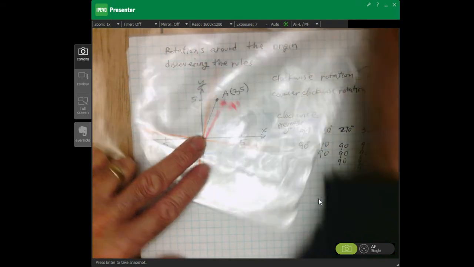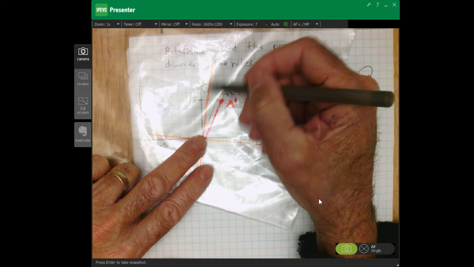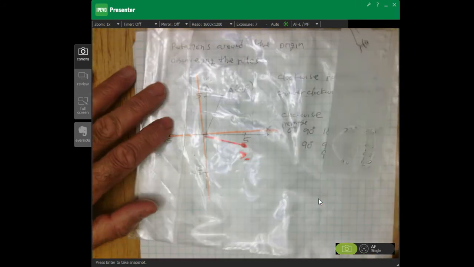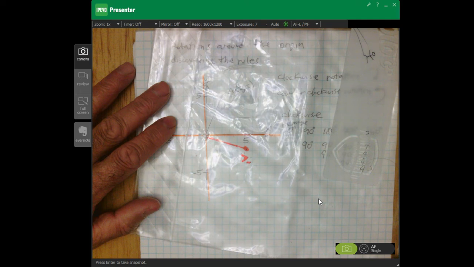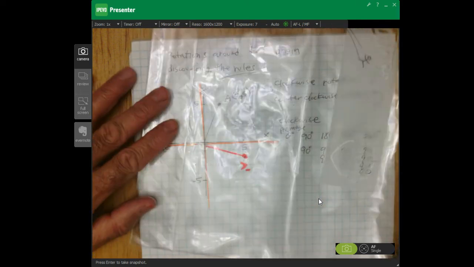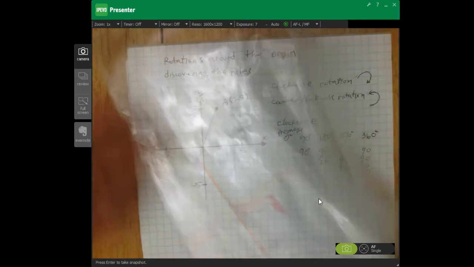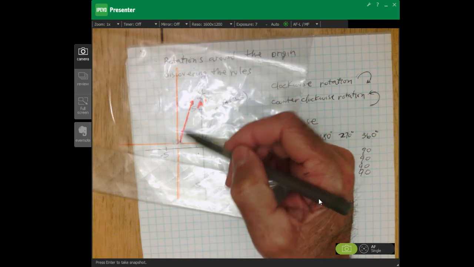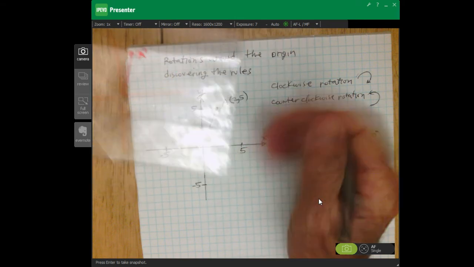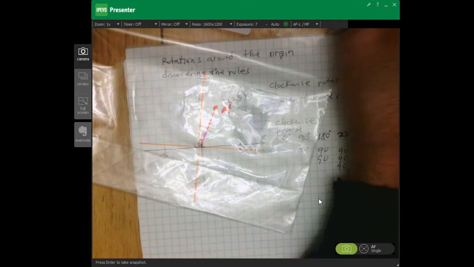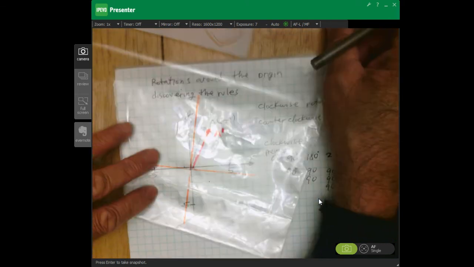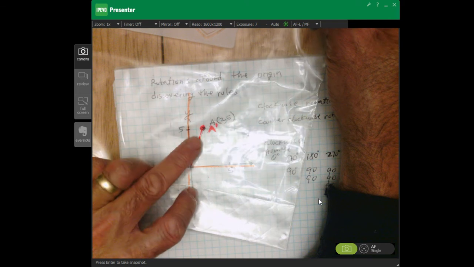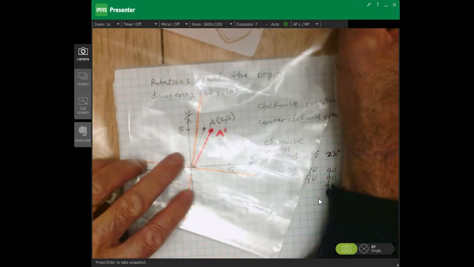When this line right here lines up perfectly with this one, I'll know I've rotated it 90 degrees. The other way you'll be able to tell is I drew a line segment from this point to the origin. We can look at this and tell when we've gone by a 90 degree rotation, because there should be a 90 degree angle between these two lines.